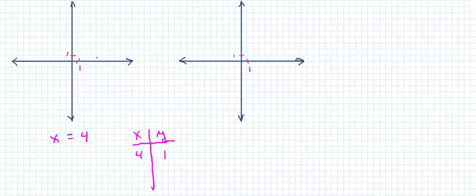If x is 4, y could be 5. Or if x is 4, y could be negative 2. All we're stating is that x is 4. We're stating nothing about y. X is 4. We can draw our line.